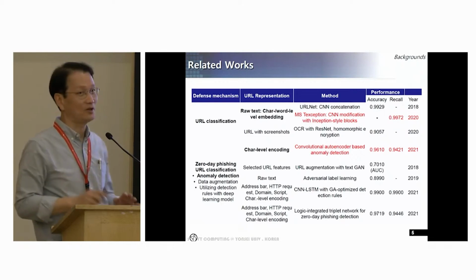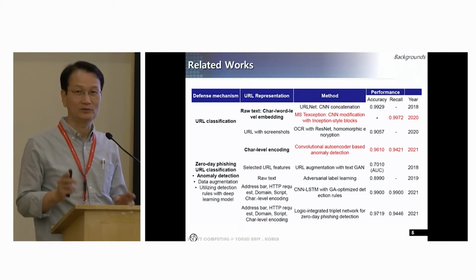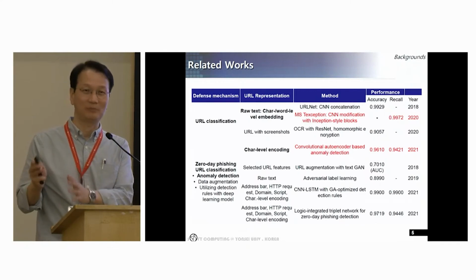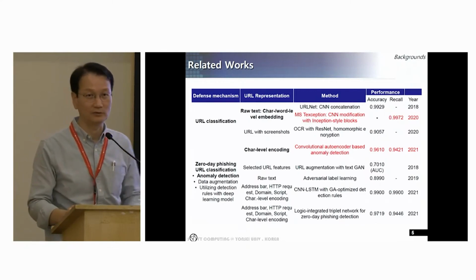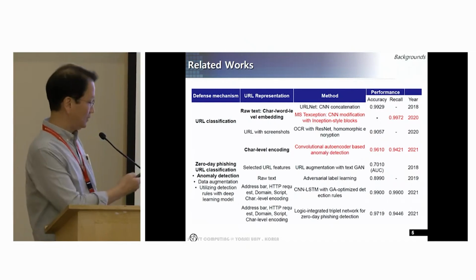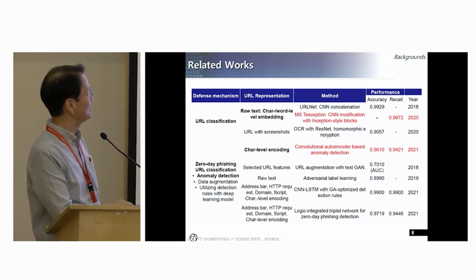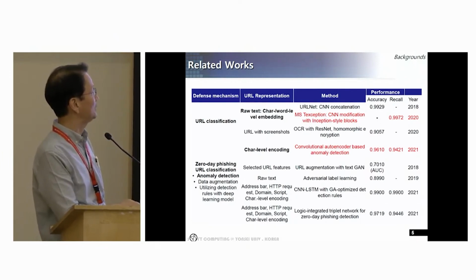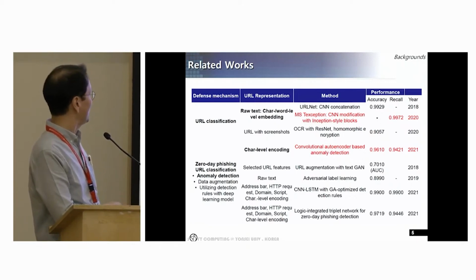It is based on a convolutional neural network with 2 channels of input: character level embedding and word level embedding. That is quite a popular technique to solve some problems in natural language processing. Anyway, performance-wise, it is the best. It was published in 2020, 3 years ago. And for zero-day phishing URL classification, mostly the convolutional autoencoder performs the best.